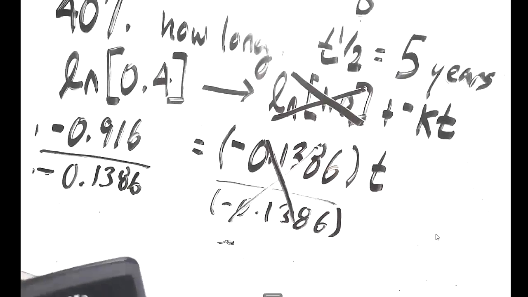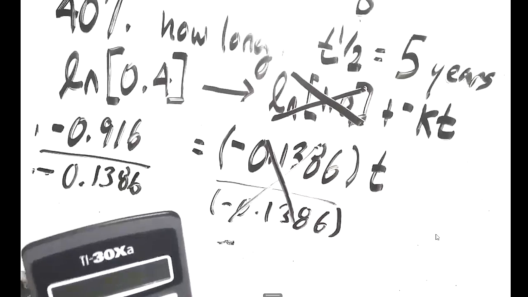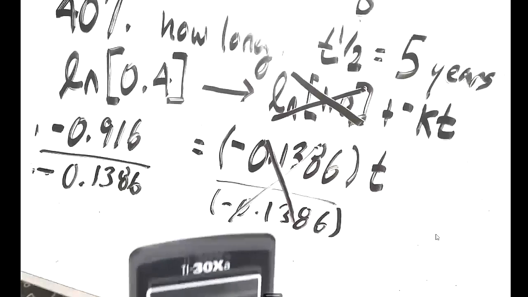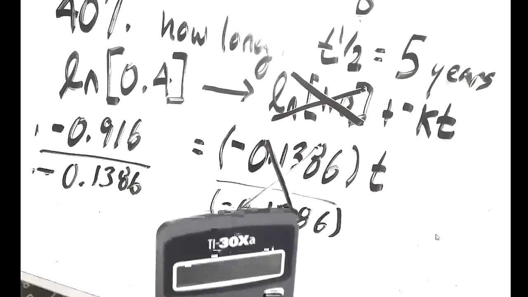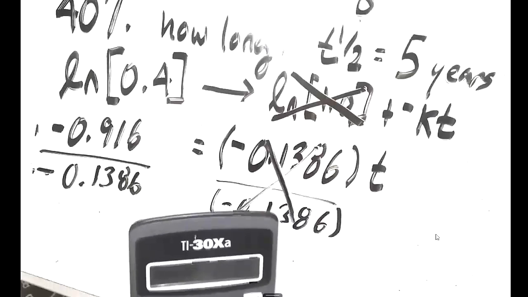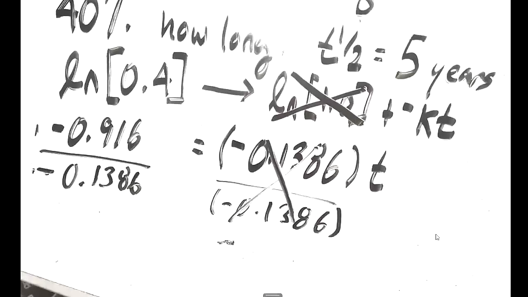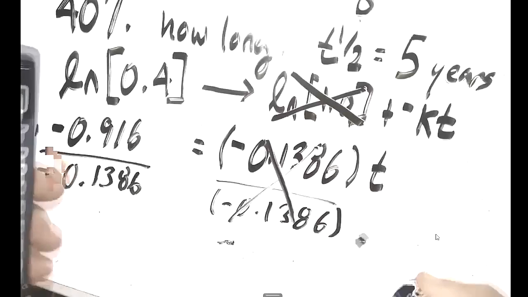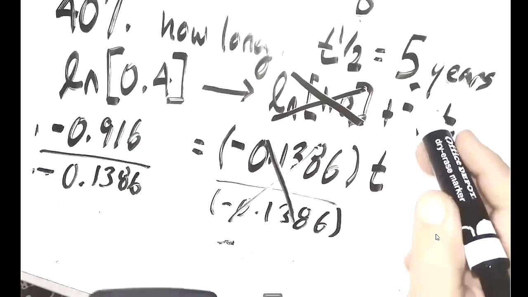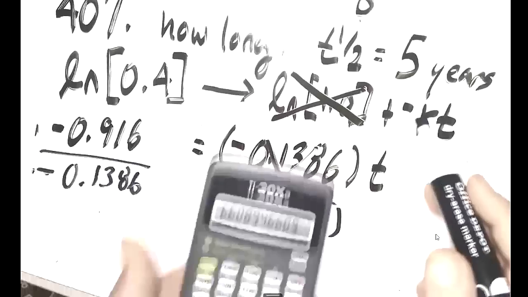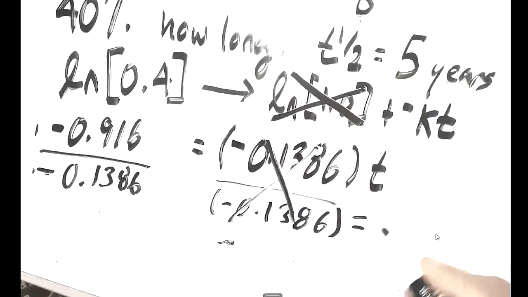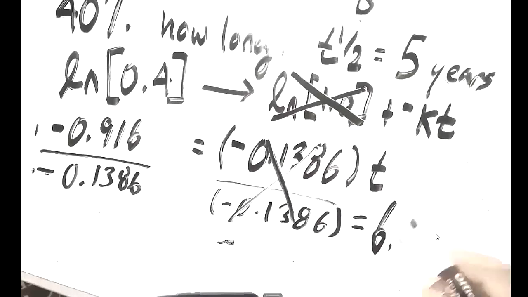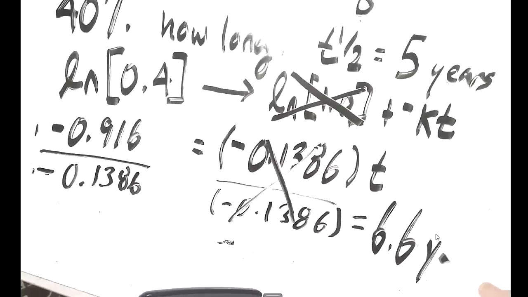So 0.916 divided by 0.1386. We're going to determine that to get to 40%, we're going to have to go a little bit beyond 5 years, because 5 years would be 50%. And how long are we going to go? Turns out we go 6.6 years. That's the answer.